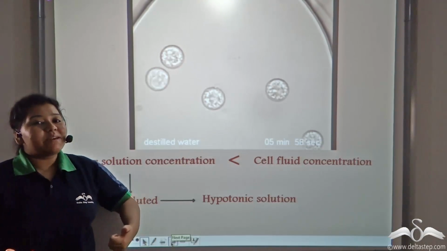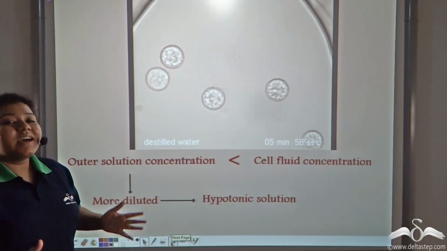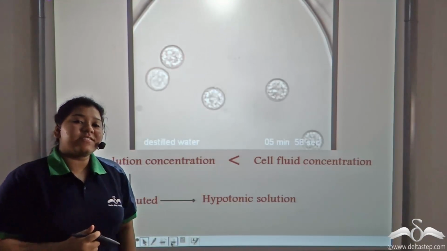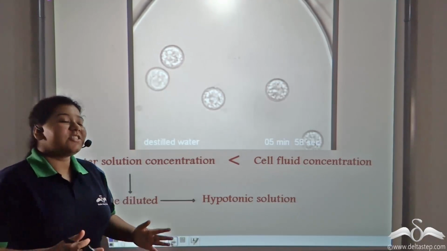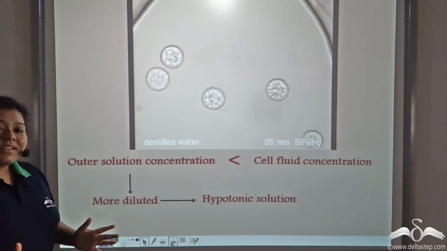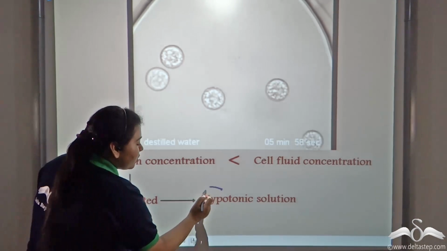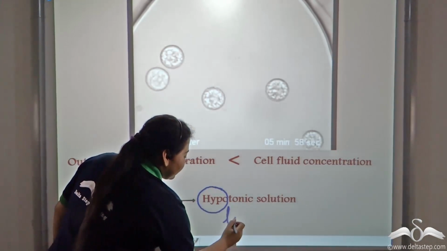But if you keep cells in an outer solution that has a concentration lesser than the cell fluid concentration, then let us see what happens. In this condition, the outer solution is more dilute. So this solution is known as a hypotonic solution, where hypo means less.